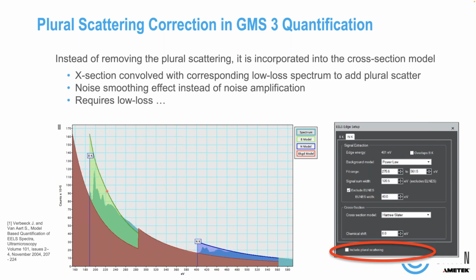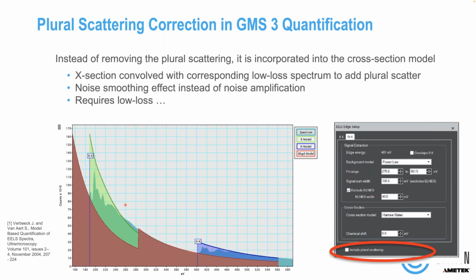What's quite clear is that the fit isn't super great in this ELNES region here, not necessarily because we're not fitting the ELNES peaks, it's just that the overall edge shape in this cross-section model is heavily weighted towards the onset area in this K edge. And that's not true to reality because we know that we redistribute our ionization edge intensity to higher energy losses because of the plural scattering.